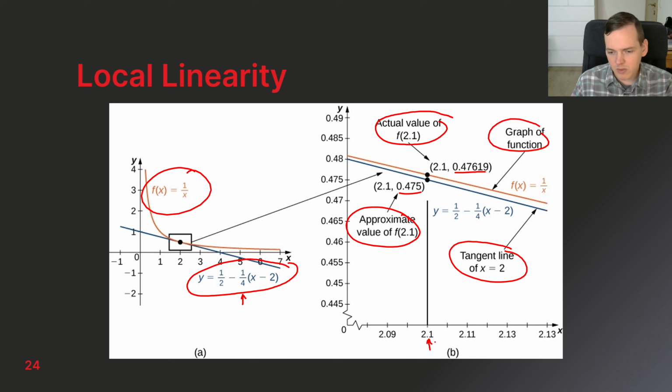And so this means for, say, 2.1, if I knew the 2 and 1/2 was one pair of numbers, I could find the slope, calculate the tangent line, plug in 2.1, and I get a number of 0.475, which is quite close to the actual value.